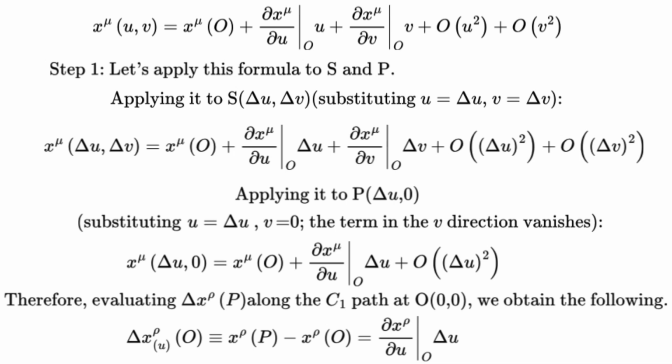Step 1. Let's apply this formula to S and P. Applying it to S (δu, δv), substituting u equals δu, v equals δv. Applying it to P (δu, 0), substituting u equals δu, v equals 0. The term in the v direction vanishes.